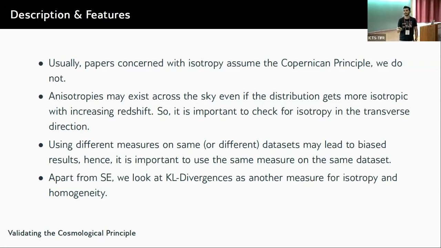Again, anisotropies may also exist across the sky in one direction, and in another direction, the measure of anisotropy may actually be different. So we also need to check the transverse direction. We also look at KL divergences to check if the measures are consistent with KL divergences too.